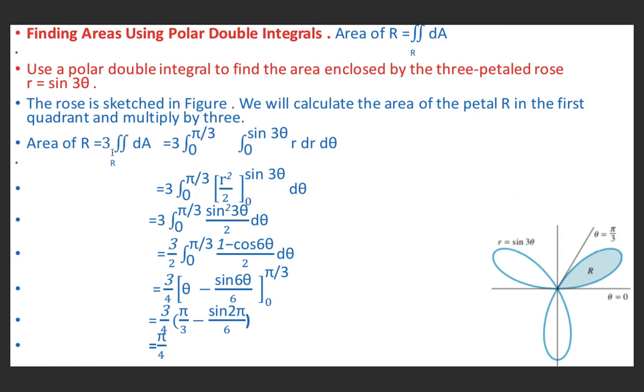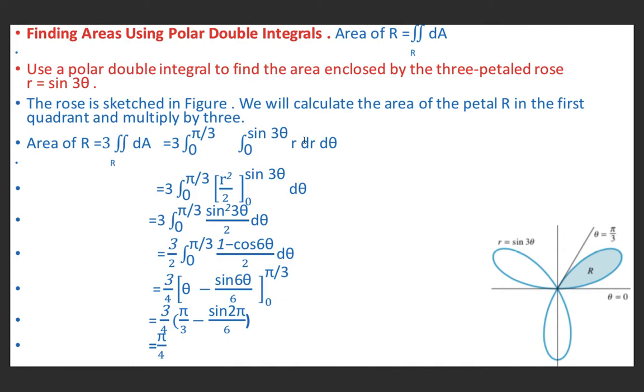So we have area of the 3-petal rose is equal to thrice the double integral in the given region, and this is equal to 3 times the iterated integral with respect to r between the limits 0 to sin 3 theta and with respect to theta between the limits 0 to pi by 3. And here also, when we convert a double integral in polar coordinates to an iterated integral, we have r.